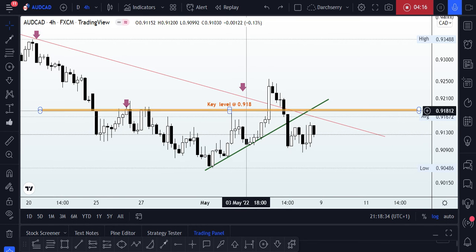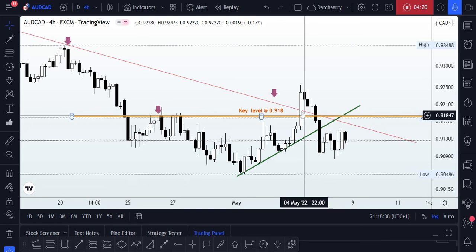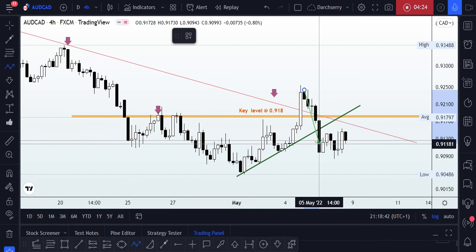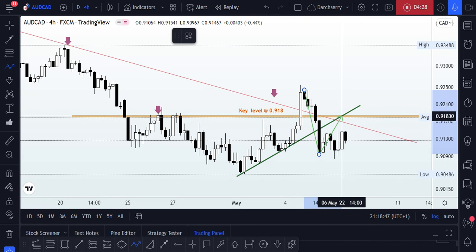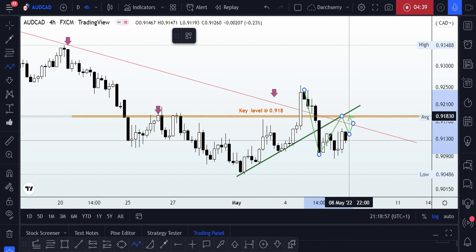After that breakout, we saw price move immediately downwards with an engulfing candle, and it appears price wants to retest that key level, which also shares a confluence with that bearish trend line, and with that bullish trend line that we identified here.